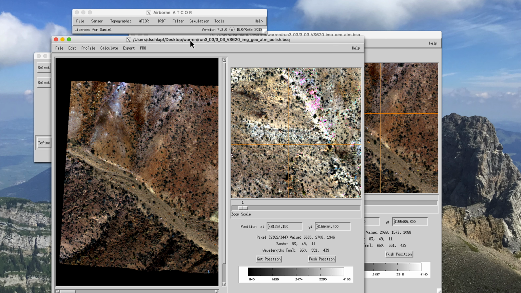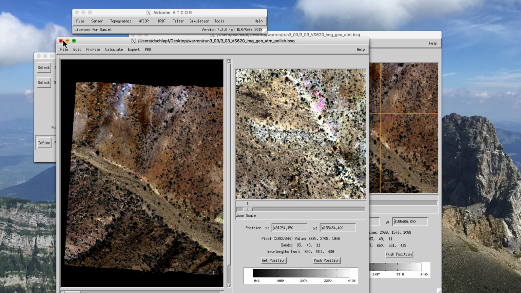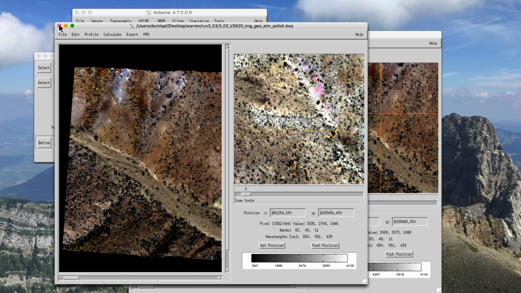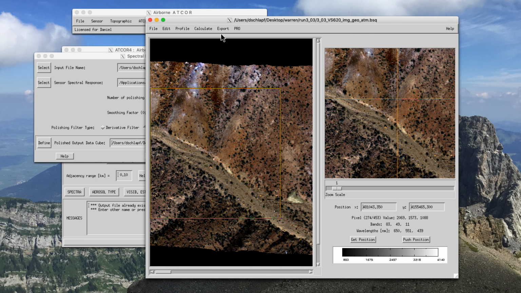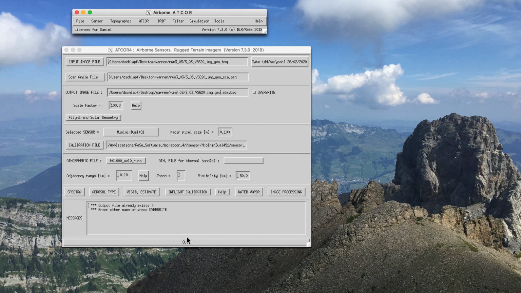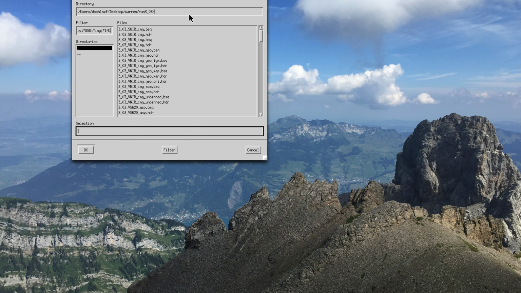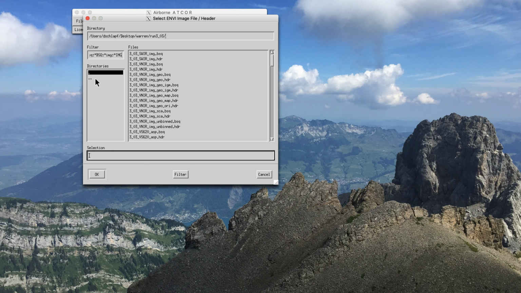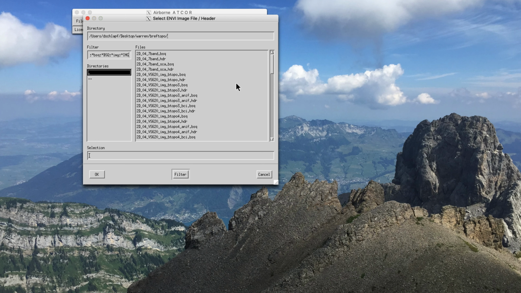Having a look at the processed data, one can also check out the mosaicing, how it looks like. So I did some processing on this same data set for the mosaicing. So we have some mosaics here available from this data.